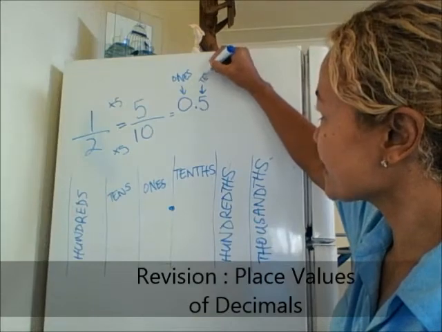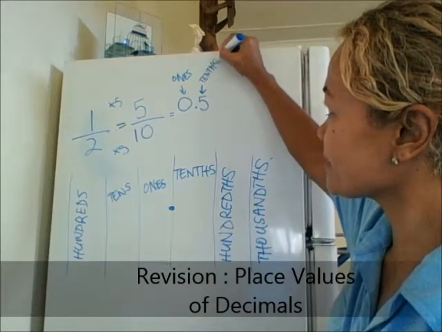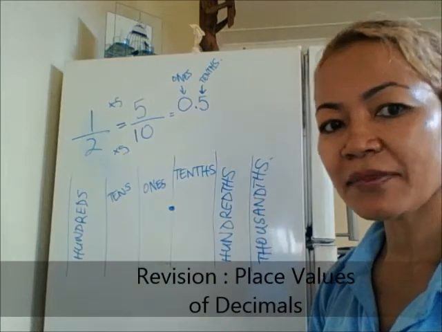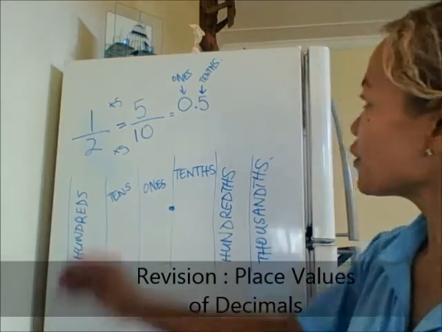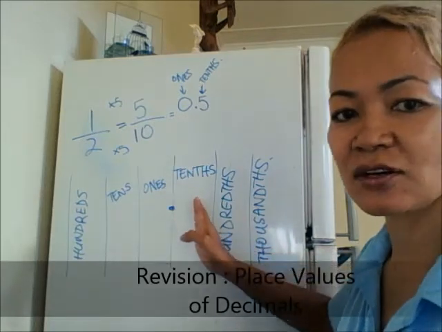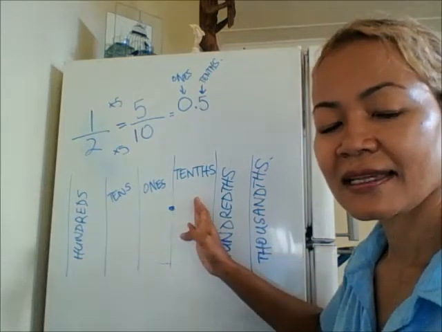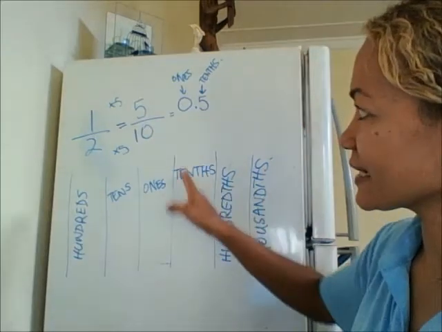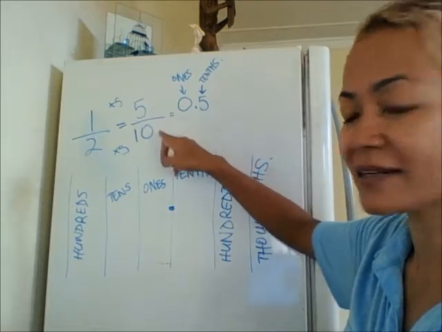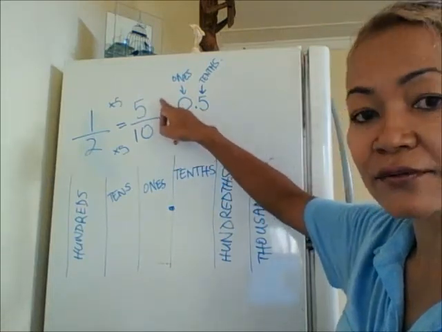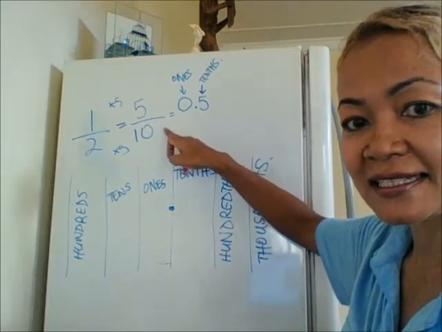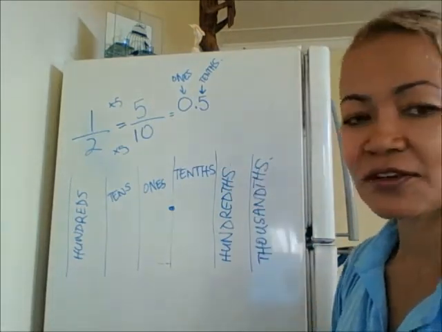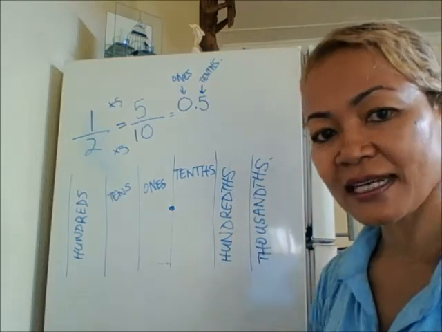So this is the tenths column. Whenever you see a fraction that is something over 10, then you know it belongs in the tenths column. That's if it's one digit, meaning the value of the numerator is less than the value of the denominator. So we're talking about values under 1.